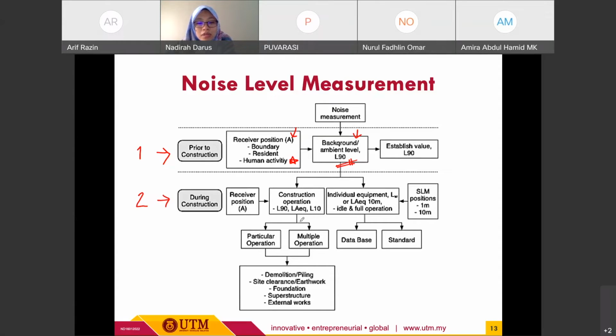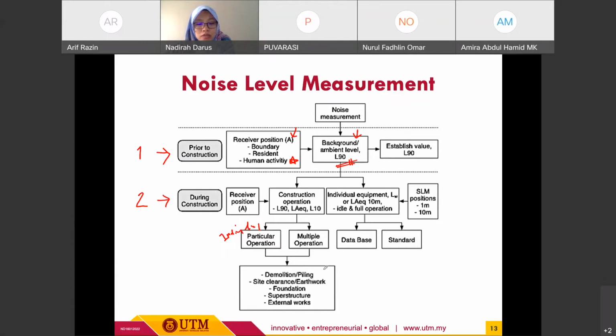Construction operation can be divided into two, particular and multiple. Particular is more on individual, and most of the time we have multiple operations. For example, earthwork may be carried out concurrently with piling, depending on the scope of work and stages of the construction, based on its own planning and scheduling.